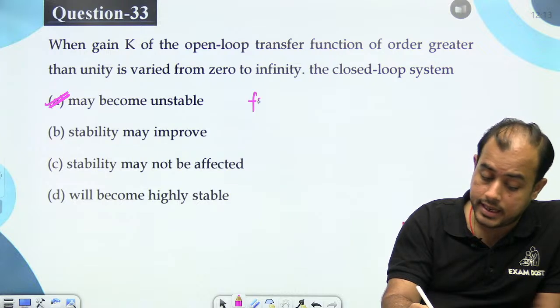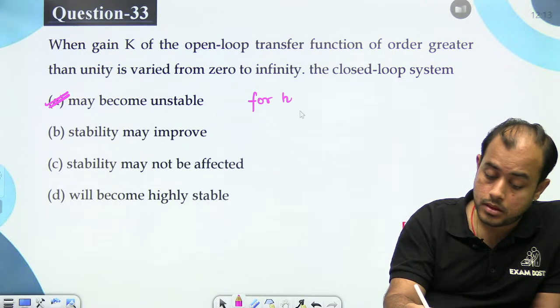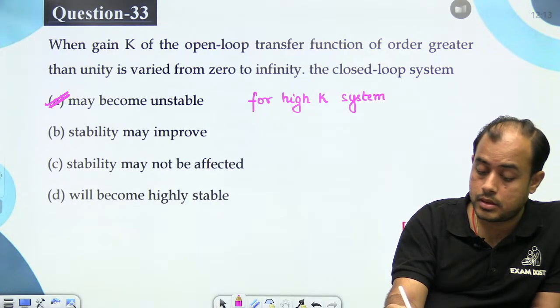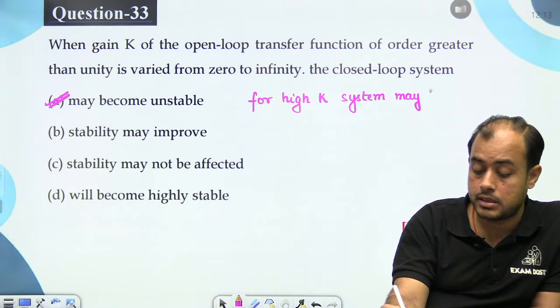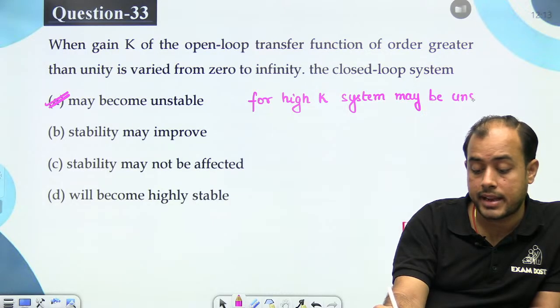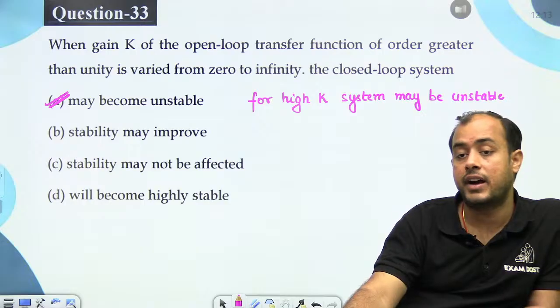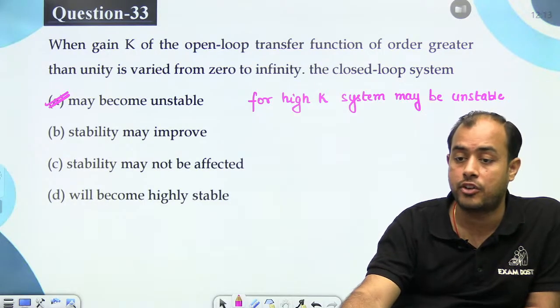For high K the system may be unstable. इसीलिए बहुत बार K का मैक्सिमम वैल्यू निकालते हैं ना स्टेबिलिटी के लिए. Most of the time we find out the maximum value of K for stability.